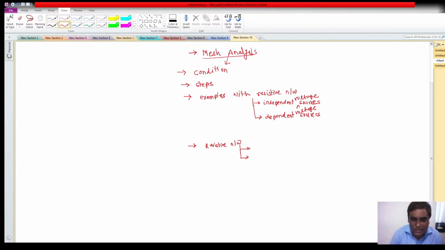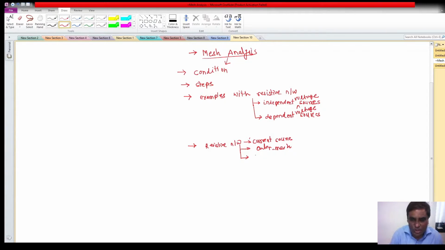Then we'll write the mesh analysis for the resistive network when there are only current sources, and there are two situations in which you can find the current source. One, you can find the current source in the outer loop or outer mesh.